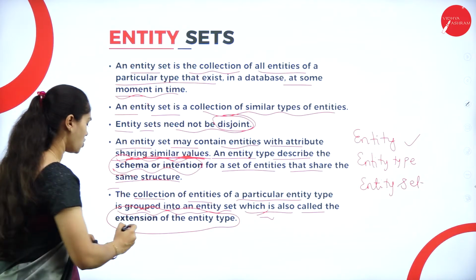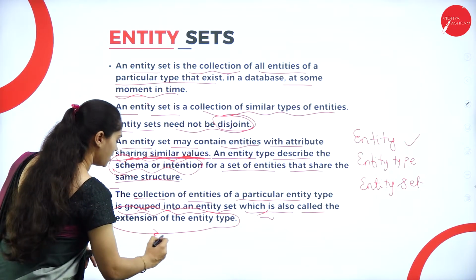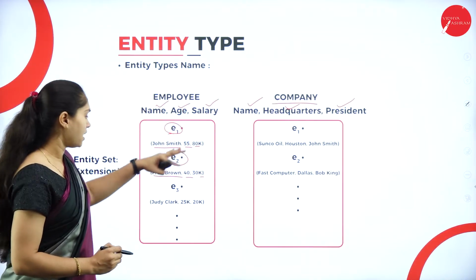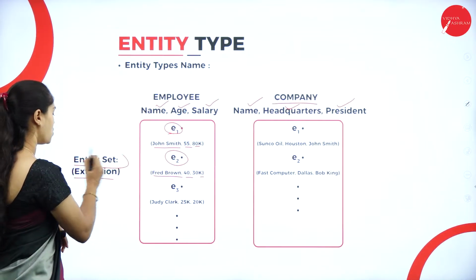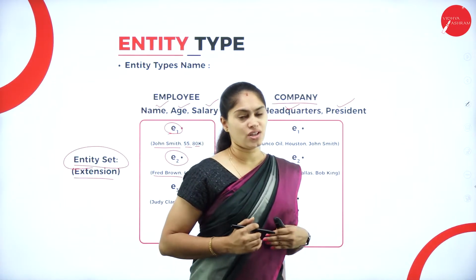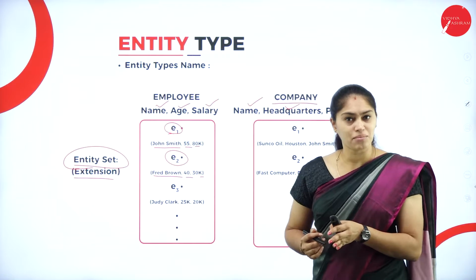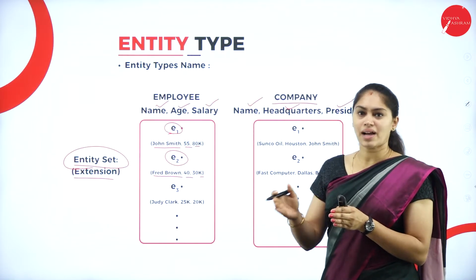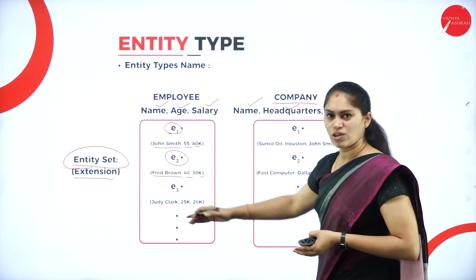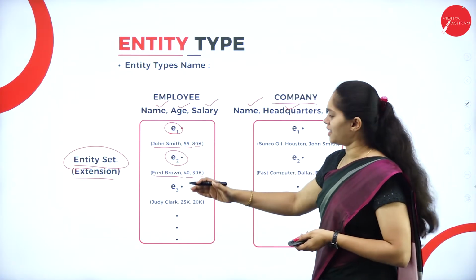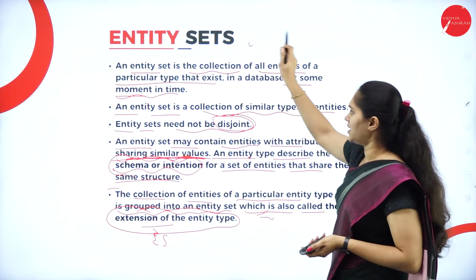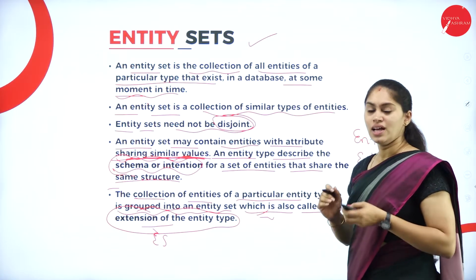That is, extension is nothing but an entity set. So if I have a collection of entities, then I am going to call that an extension or an entity set. So intension is nothing but entity type that shares the same kind of values here. And if it has a collection of entities, then we call that an extension, or it is also considered an entity set. That you have to remember.